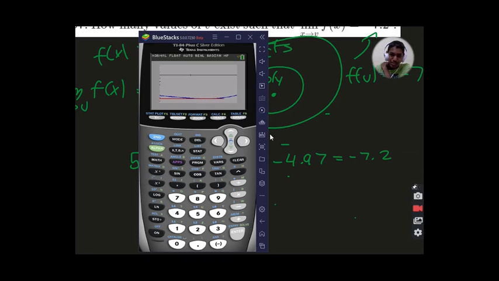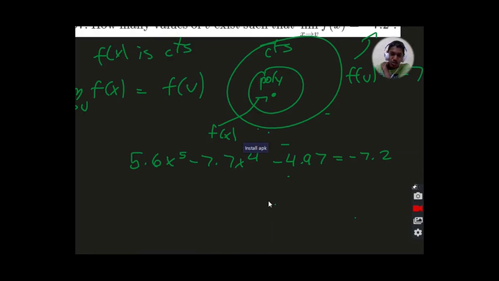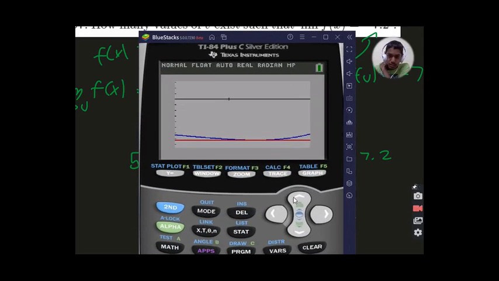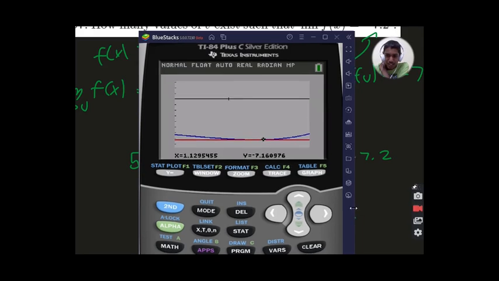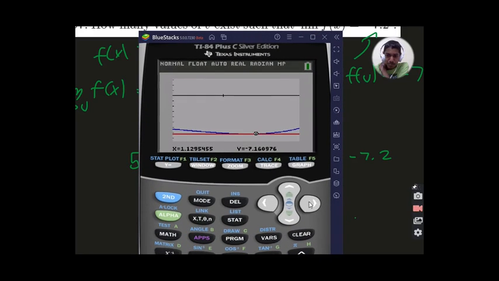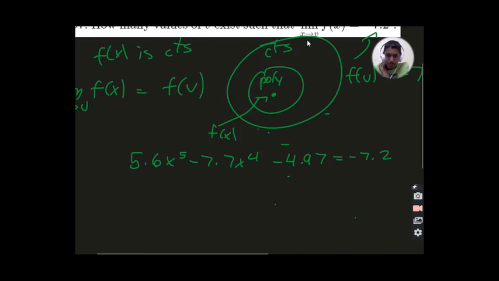Always be skeptical of graphs, because the College Board will try and trick you with a graph on the AP exam. You can zoom in even further if you wanted, but there are actually two right there. So there will be 2 plus the 1 that we found before, so there'll be 3.